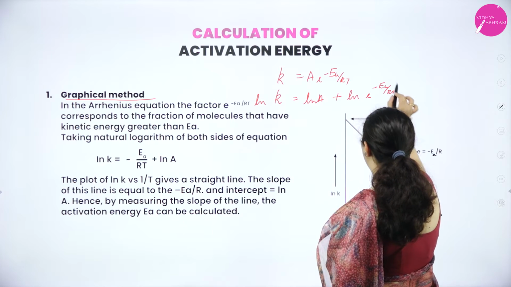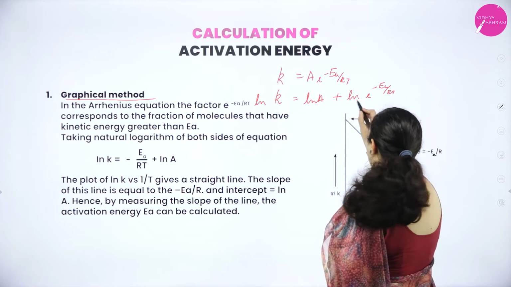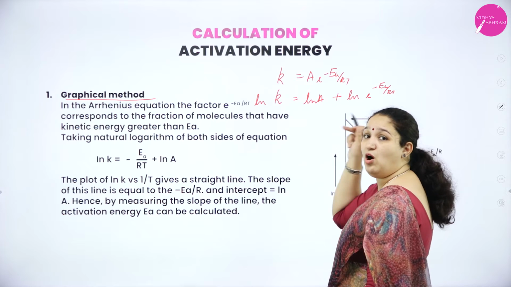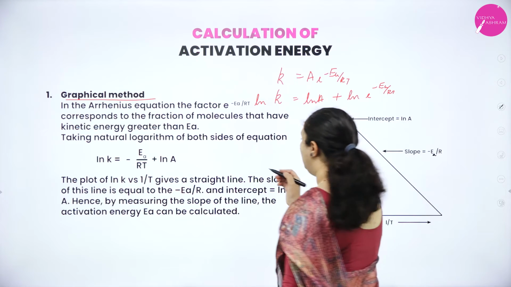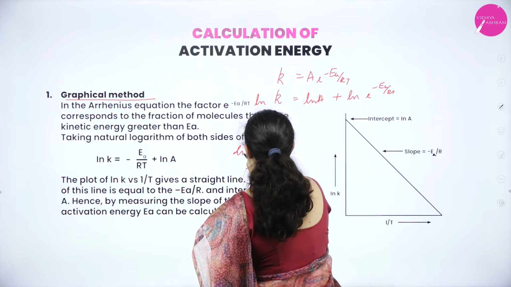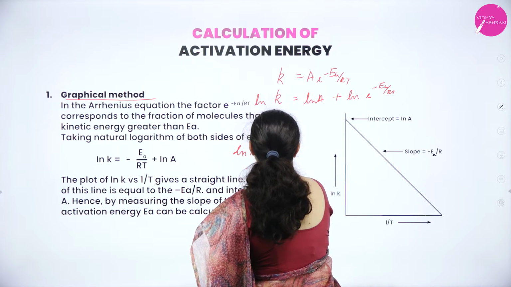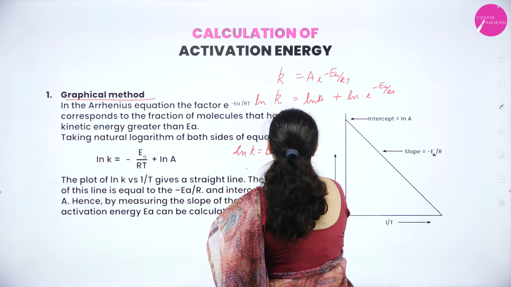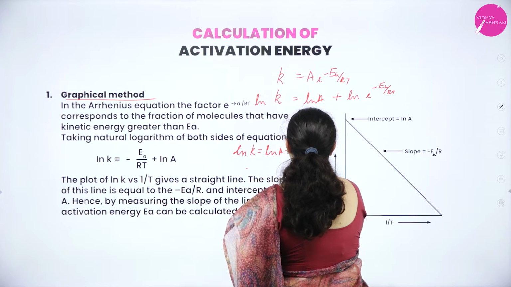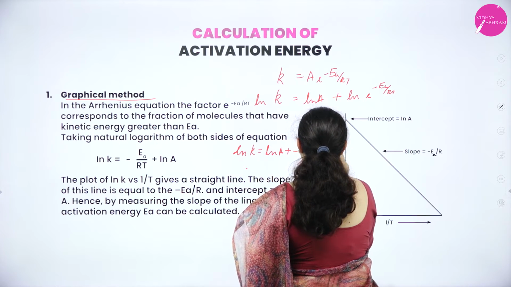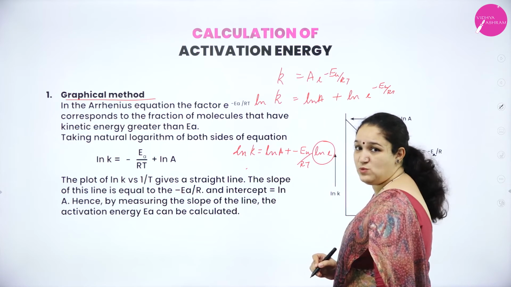Now here also I can apply one log rule, that is log A to the power B is B log A. So this equation will become ln K is equal to ln A plus minus EA by RT ln e. ln e value is 1.